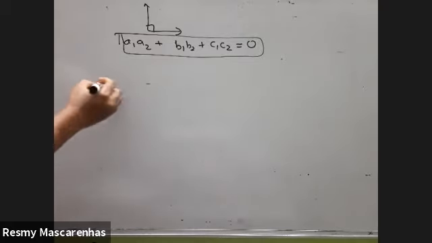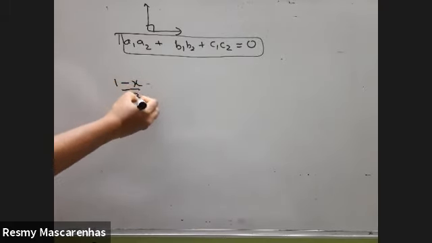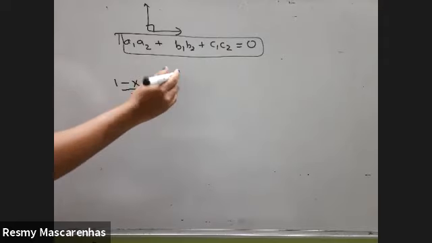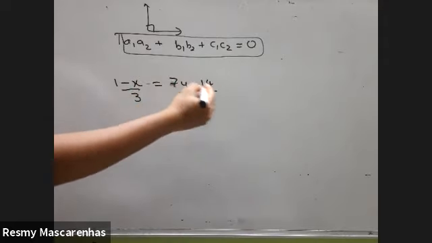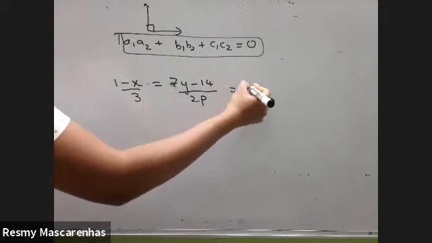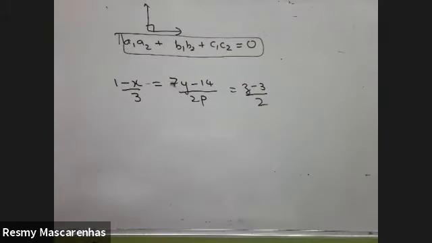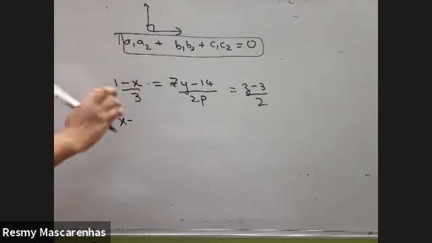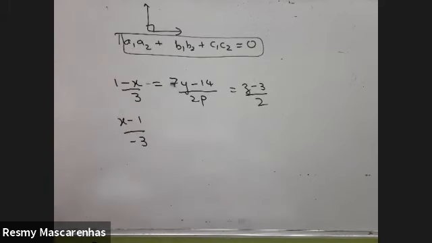So which are the two lines given? The first line is 1 minus upon 3, and Z minus 3 upon 2. So this you'll have to divide by minus 3. So minus means make it reverse. No, sorry, divide by minus 1. If you are making this reverse, this also will become reverse.